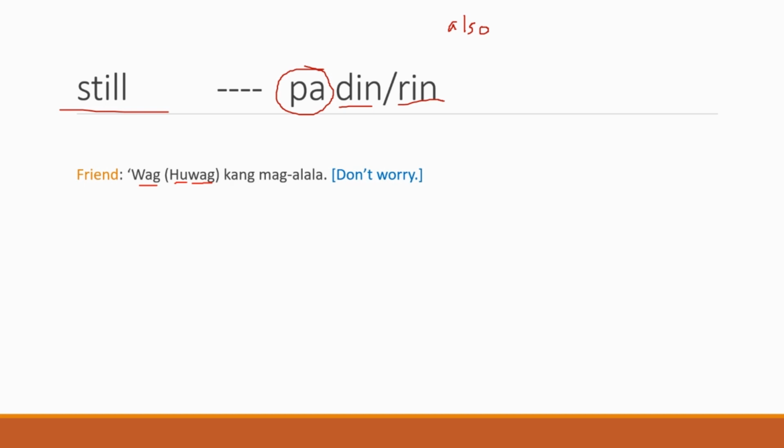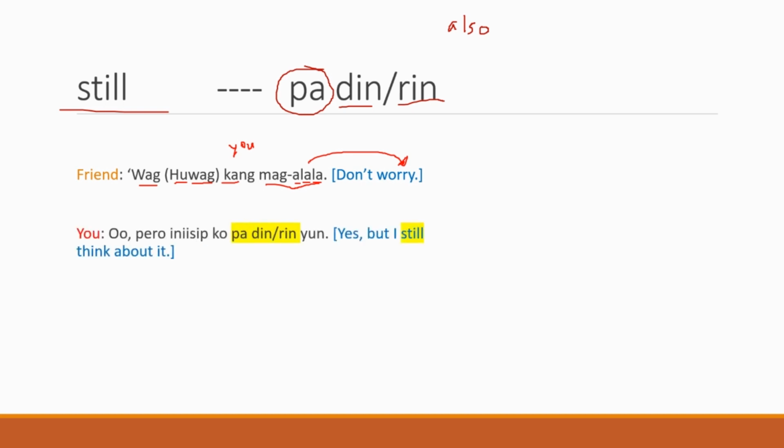Huwag kang mag-alala. Ka is you, so it means that your friend is talking to you. Mag-alala means worry. Okay? Don't worry.